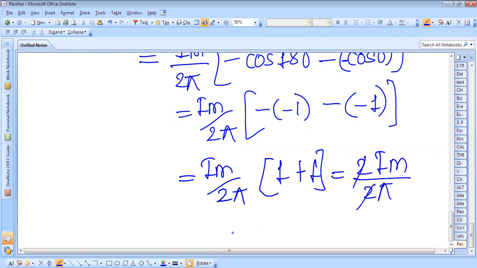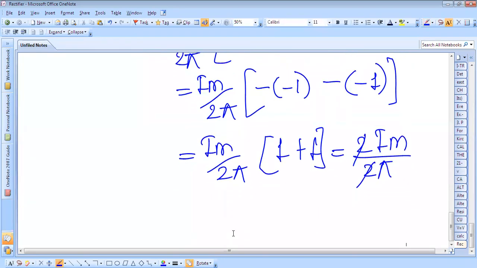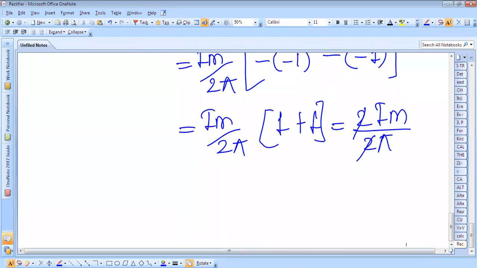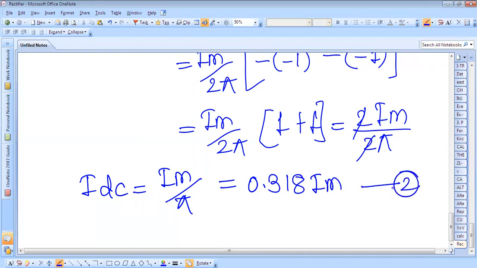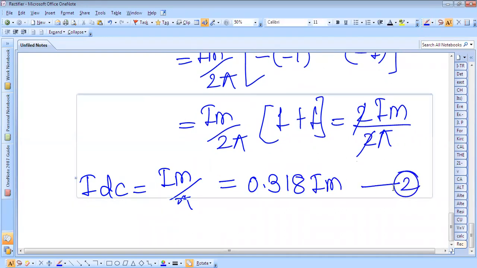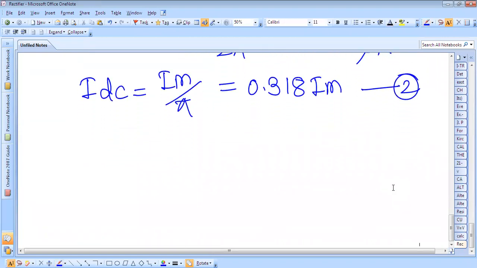The 2 cancels, so the mean value of the current IDC is equal to Im by pi, which is 0.318 Im. This is equation number 2.